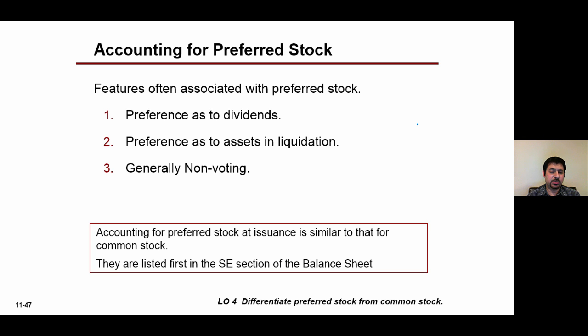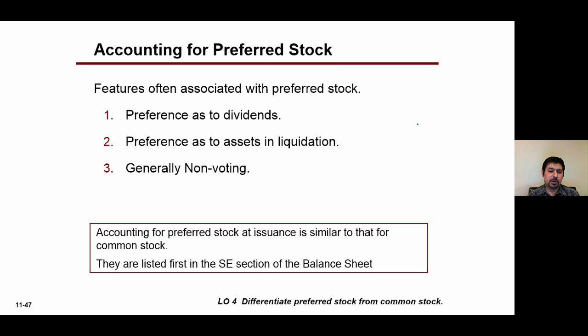So far, we have been talking about common stock, and treasury stocks are basically common stocks that the company has bought back. But companies might offer a different type of stock, which is preferred stock.